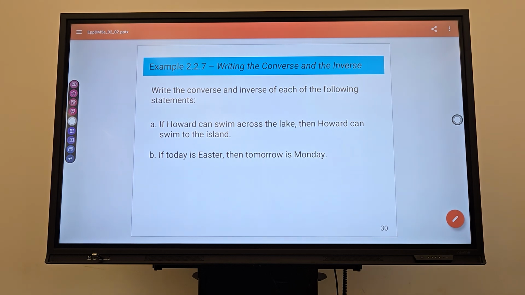The inverse: if Howard can't swim across the lake, then Howard can't swim to the island. Again, not necessarily true. Swimming to the island is a shorter distance, so he might be able to do that, but not swim across the entire lake.